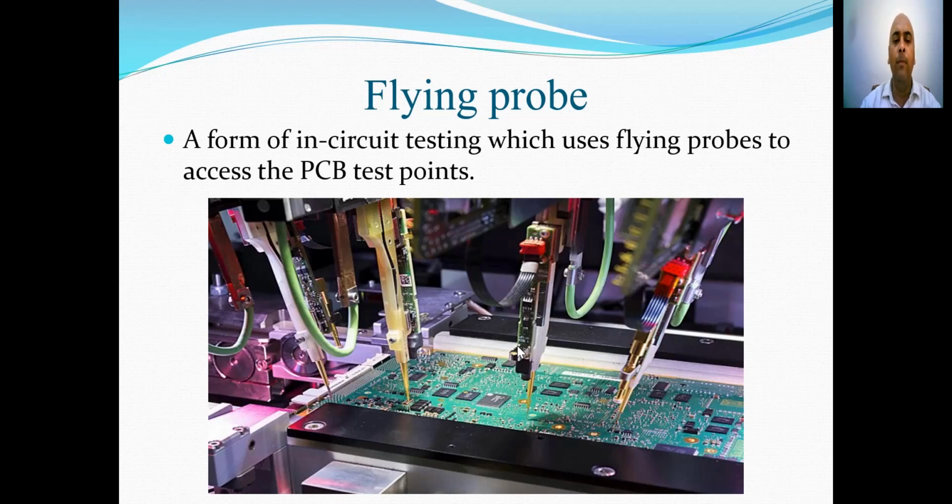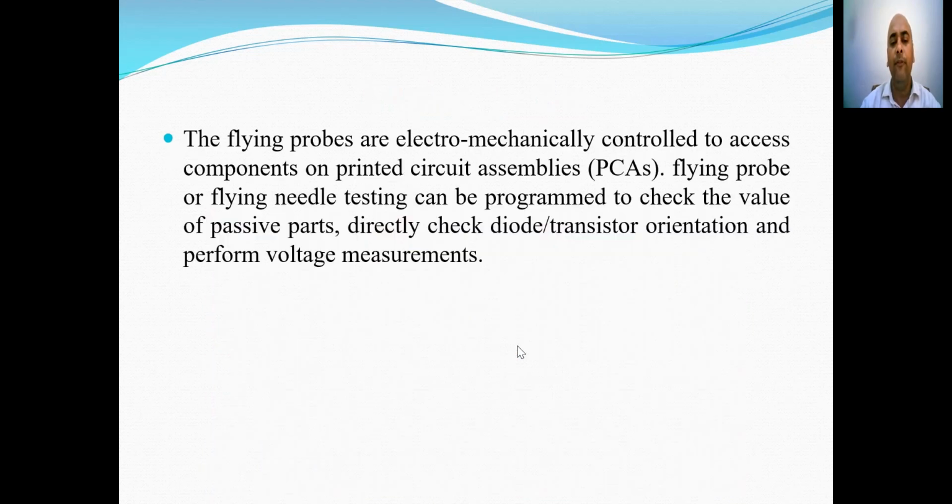Flying probe is a form of in-circuit testing which uses flying probes to access the PCB test points. The number of probes in the flying probe method is less compared to the in-circuit testing method. The flying probes are electromechanically controlled to access components on printed circuit assemblies.